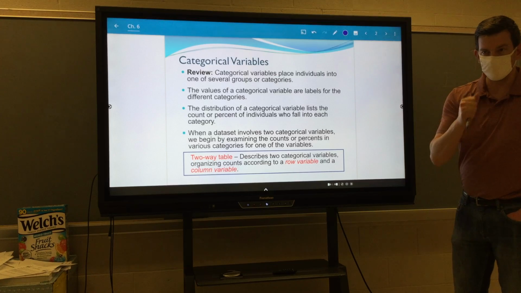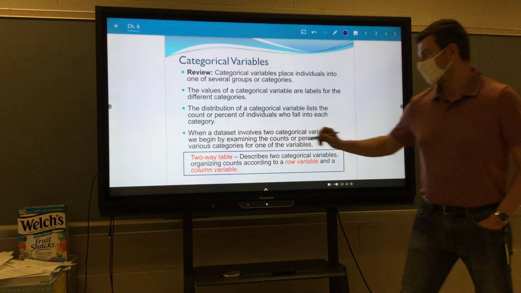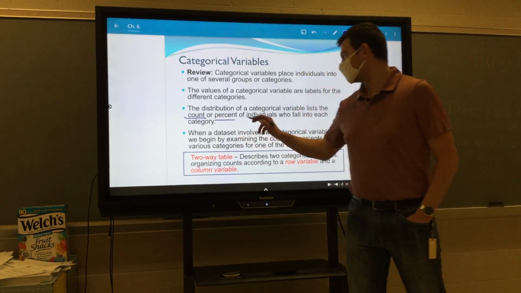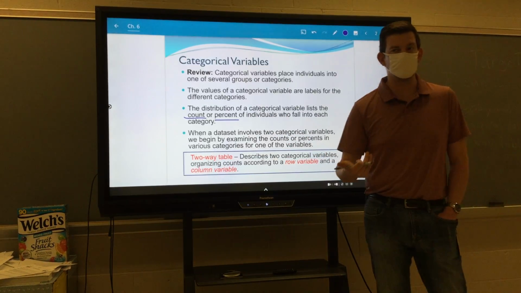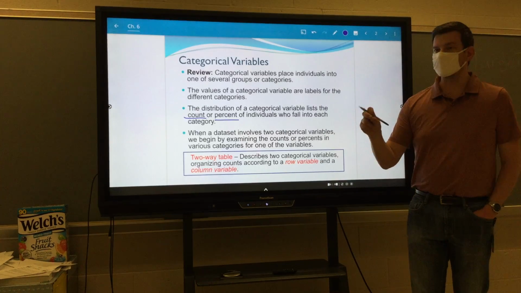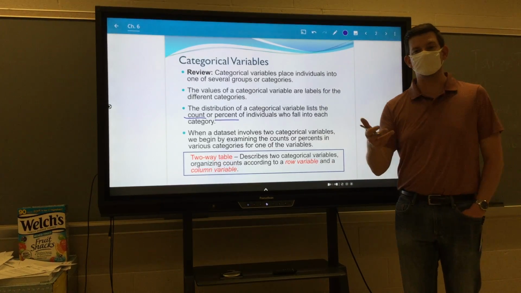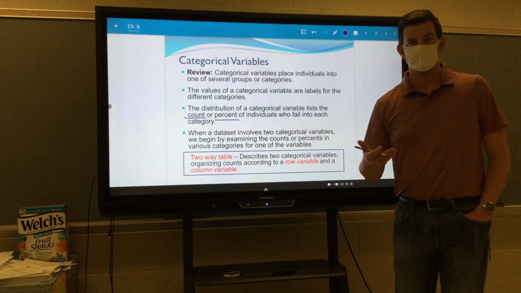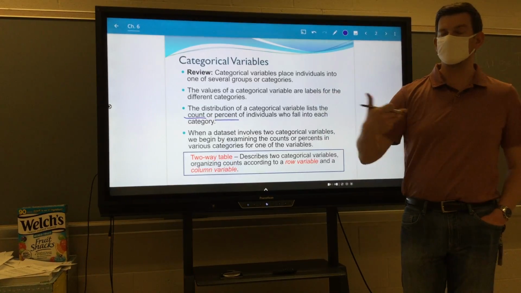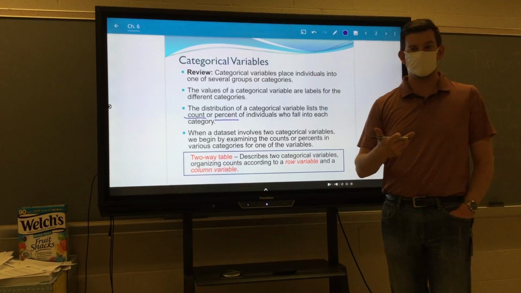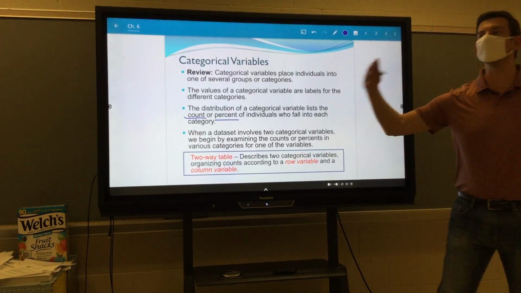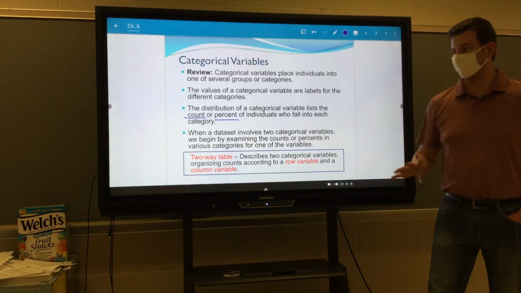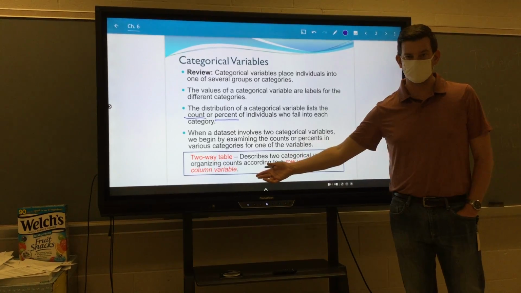What's important when you're talking about categorical data is either the count or the percent of the individuals who feel this way or respond this way. So we're keeping track of those, and we saw that with our z-test for proportions. We're comparing two percentages to each other to see if there was a significant difference. To structure all of these relationships at the same time, we're going to use a two-way table.